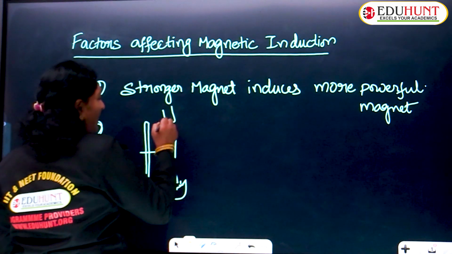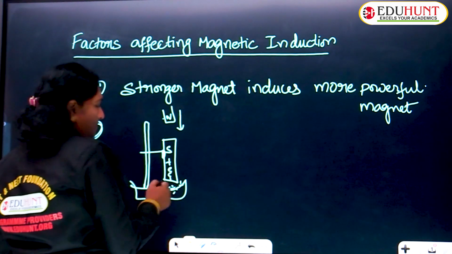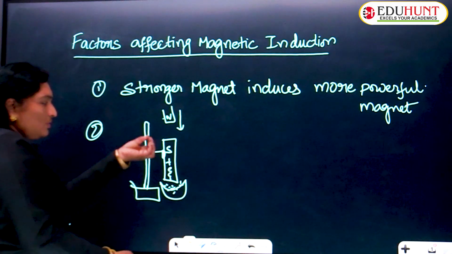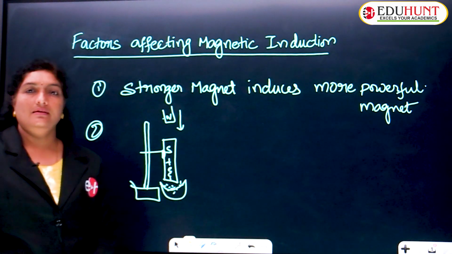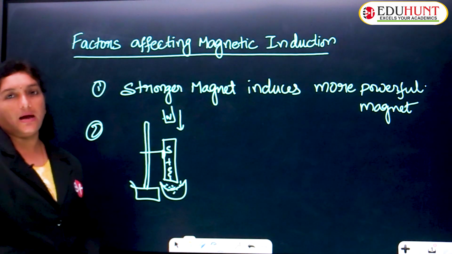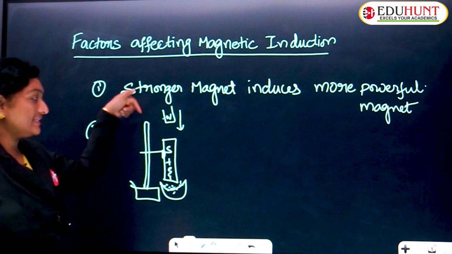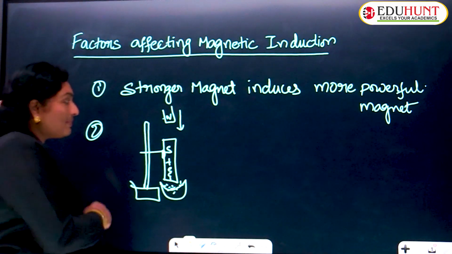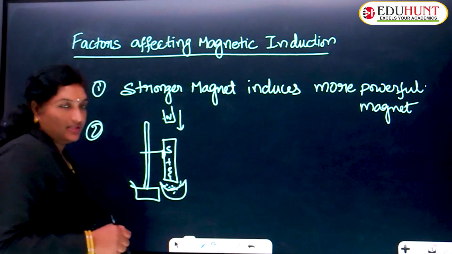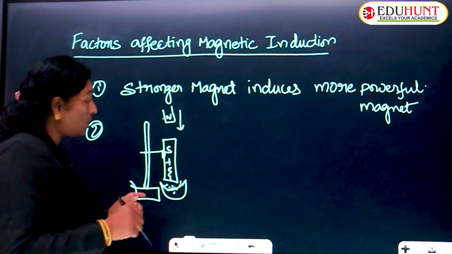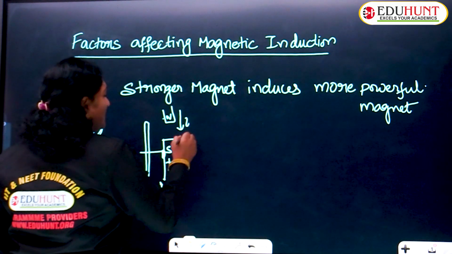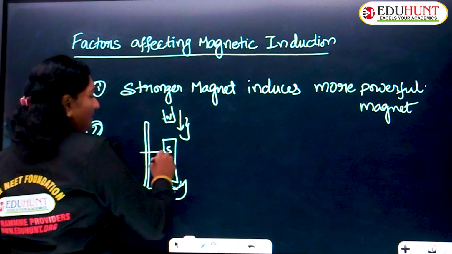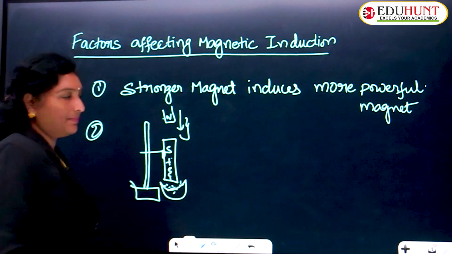Whenever a bar magnet is brought nearer, magnetism is induced in the given material, and as a result the iron filings get attracted to this bar. Why? Because a magnetic field is induced. And remember that the amount of magnetic field induced is inversely proportional to the distance between the magnet and the magnetic material.